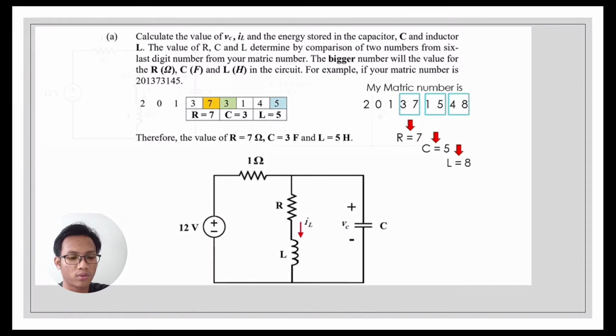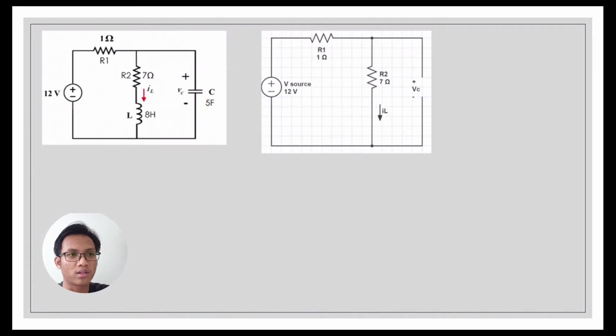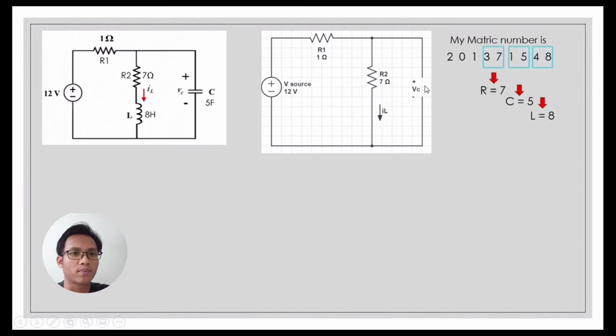First, before we want to calculate the value, we need to apply the DC condition. What it mean by DC condition is, for capacitor we do as open circuit. For inductor we do as short circuit. First, to find IL, we need to find R total.